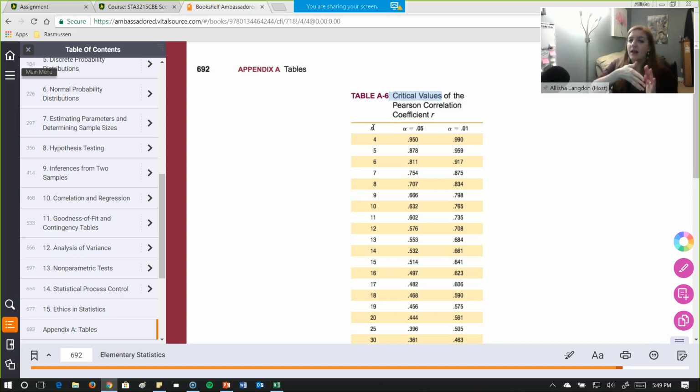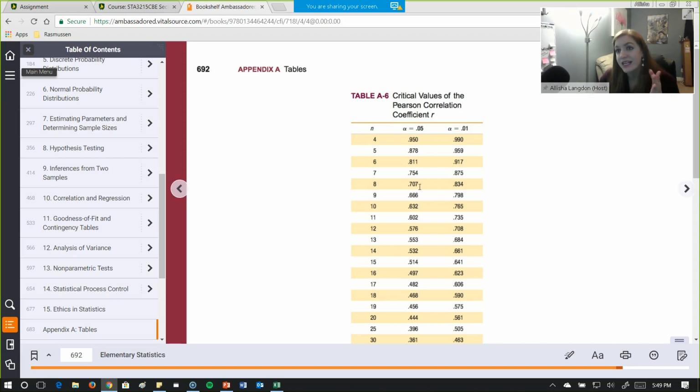And the next column is for if your alpha is 0.05, meaning you're 95% sure. We're going to use that column to give us the critical value. So if my alpha is 0.05 and my N is 10, let's say my sample size is 10, I'm going to go over here to find my critical value, which is 0.632, and that's what I would use for my critical value.